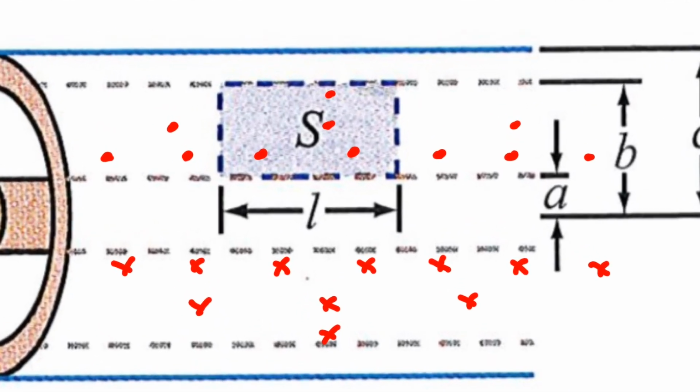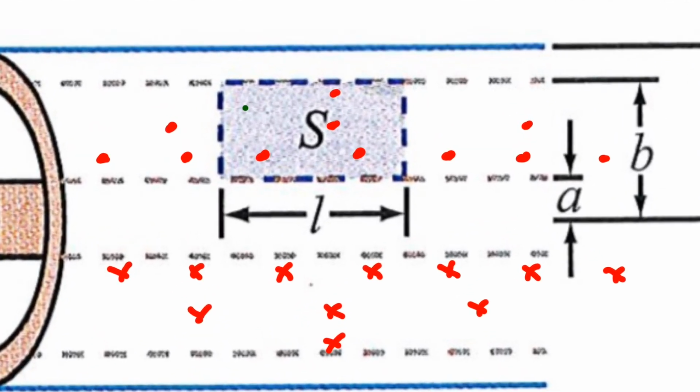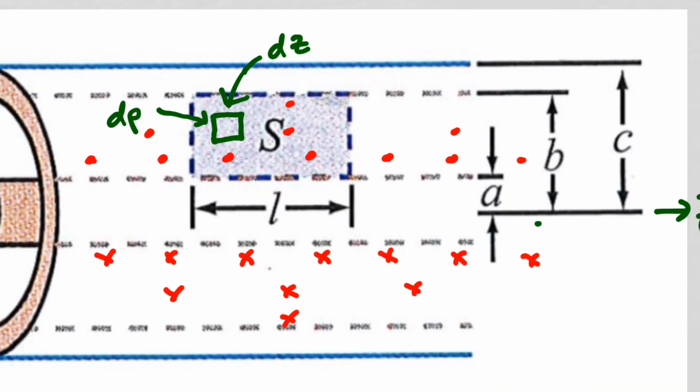So here is our differential surface. It will be of area d rho times dz, and the outer normal will be in the phi direction.